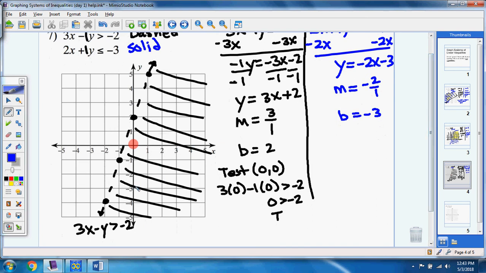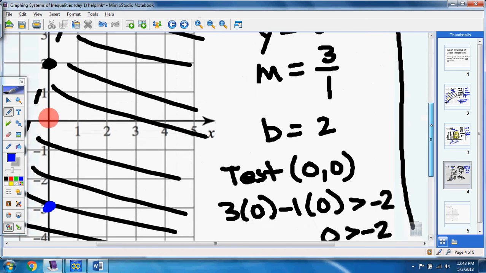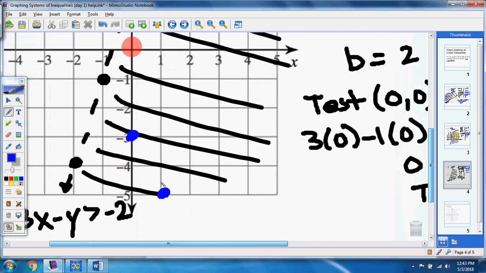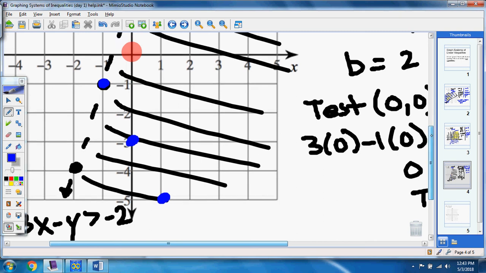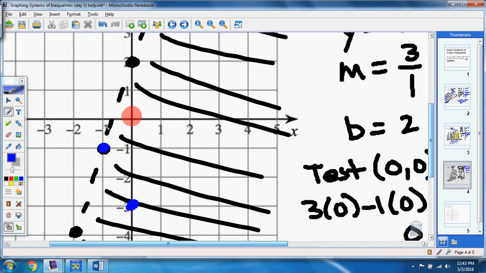So starting point is here. My slope tells me down 1, 2, right 1. Again, here's my starting point. Down 1, 2, right 1. Backwards is up 1, 2, left 1. They share a point. That's the point of intersection. That's what we did back in chapter 5.